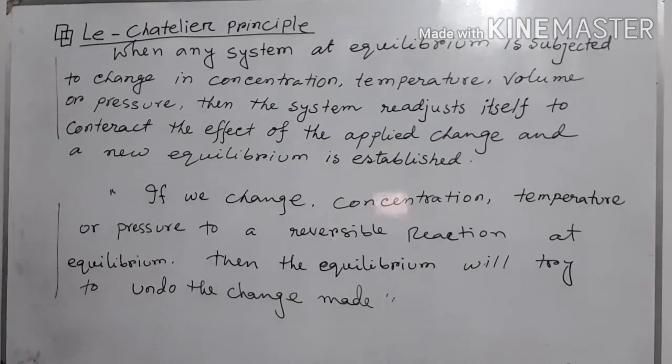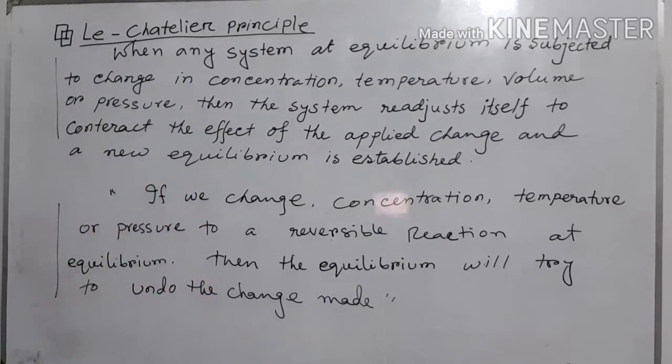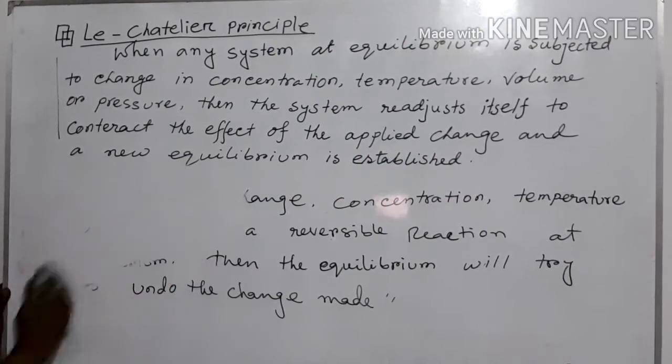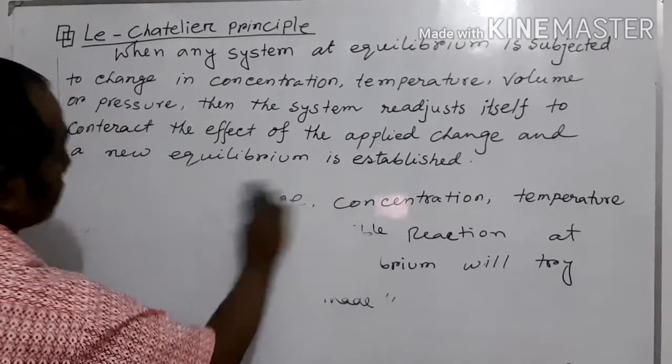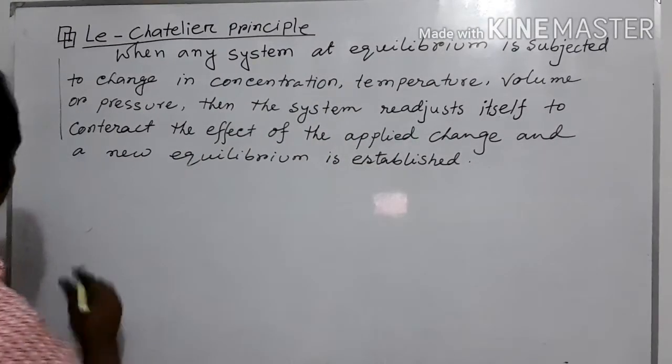Now, there are three ways by which the equilibrium can be changed.